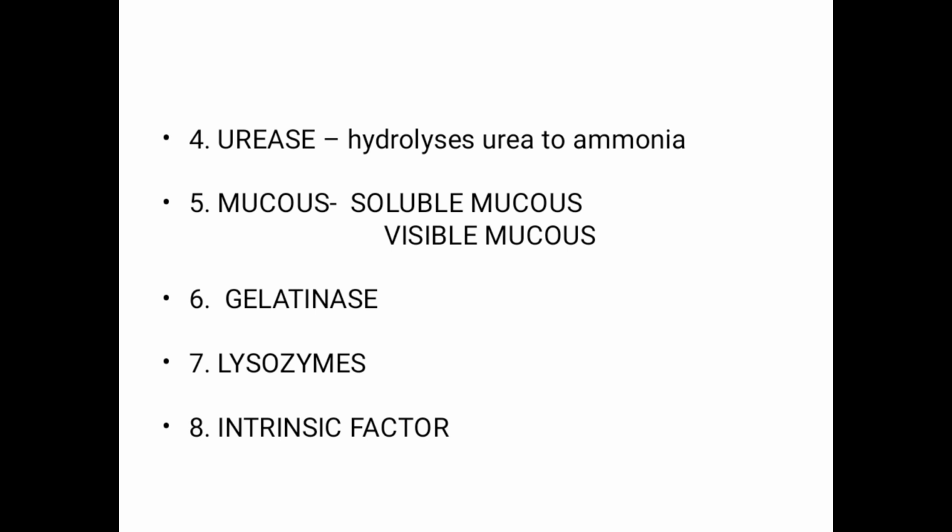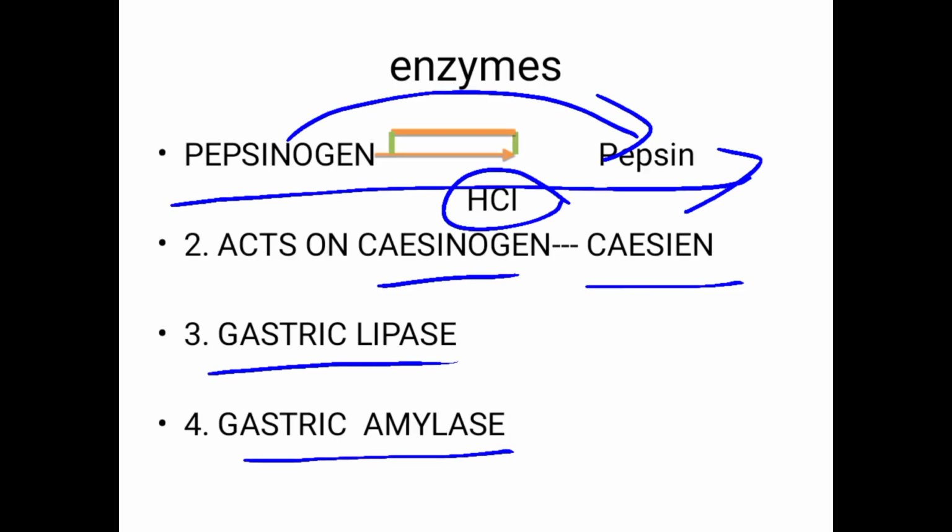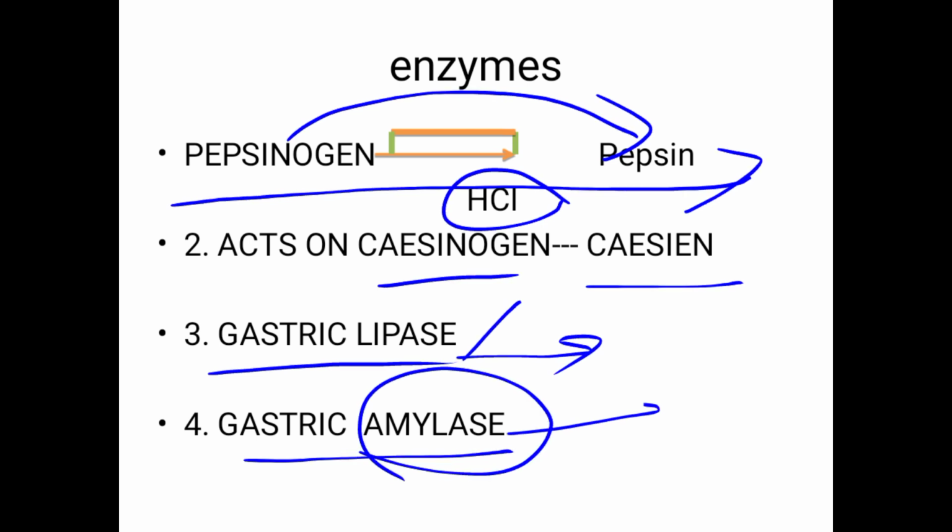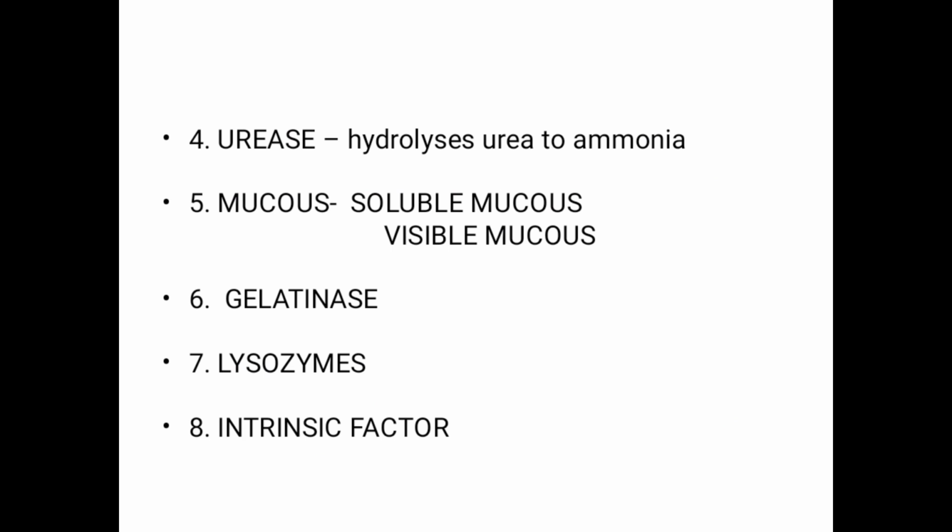Gastric lipase acts on lipids or lipid substances, and amylase acts on carbohydrates. Urease hydrolyzes urea to ammonia. Gelatinase, lysozyme and intrinsic factor are the other organic substances present in the stomach.